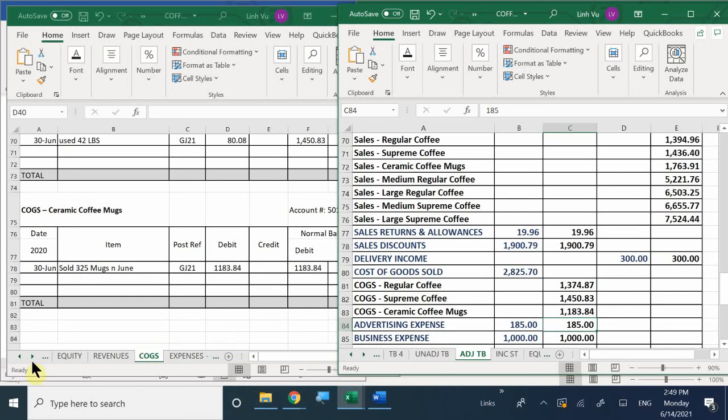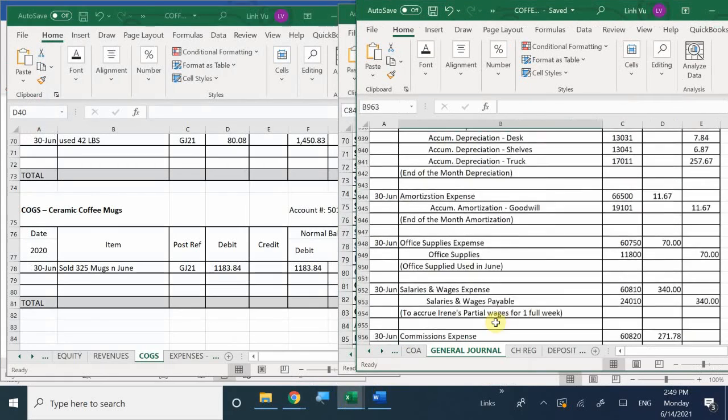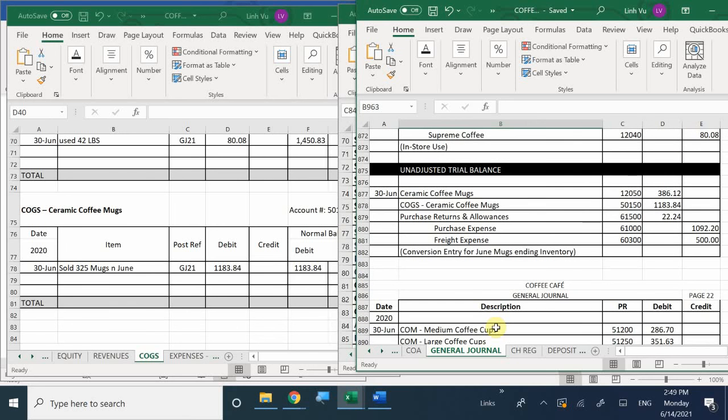I'm going to go ahead and double check my journal. Let's see. Cost of goods sold was here. Cost of goods sold for my ceramic coffee mugs was, I have 84, and did we double check to see if our debits and credits match? Let's see.